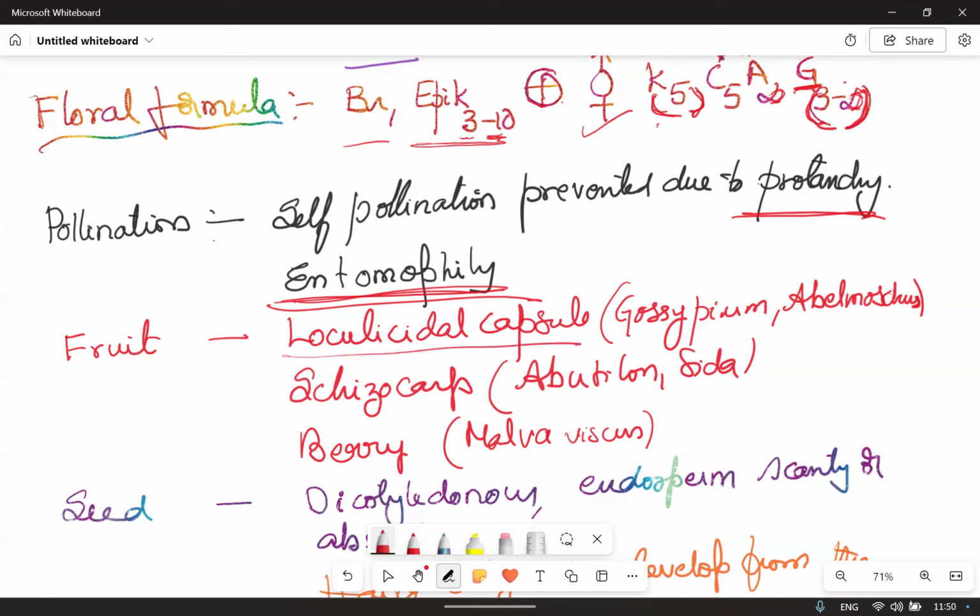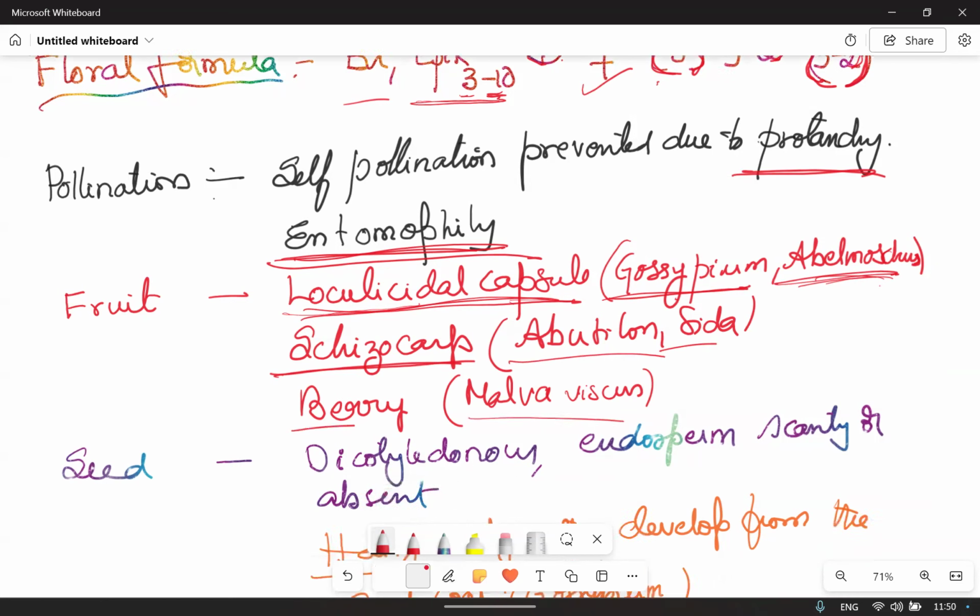Here, the loculicidal capsule comes under dry dehiscent fruits. Along the locules, they dehisce. Gossypium means cotton and Abelmoschus means lady's finger. Schizocarpic fruit in Abutilon and Sida. And berry in the case of Malvaviscus.